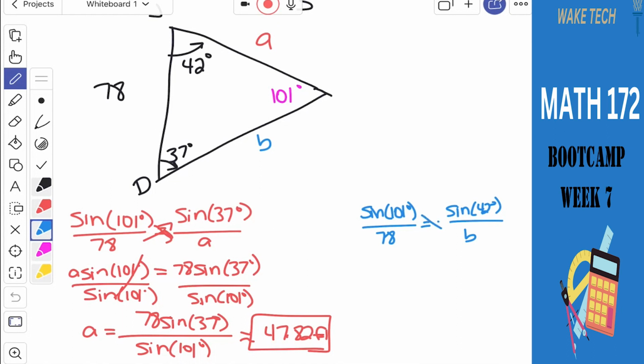To get B, the exact same process will work. B sine 101 equals 78 sine 42.